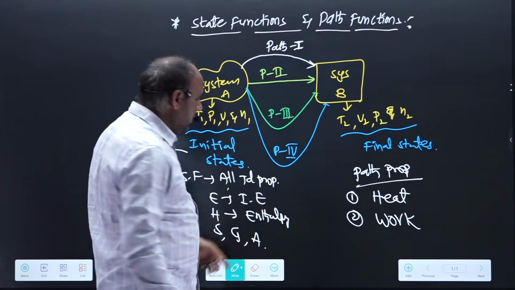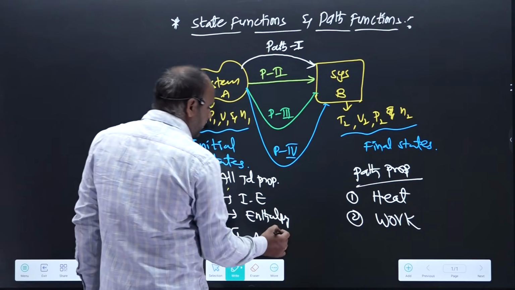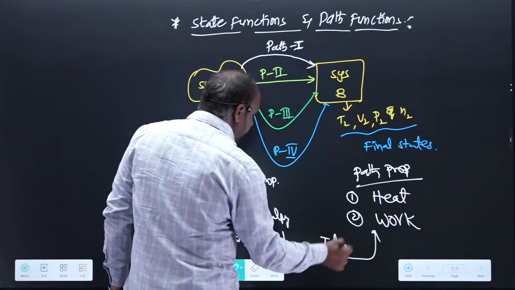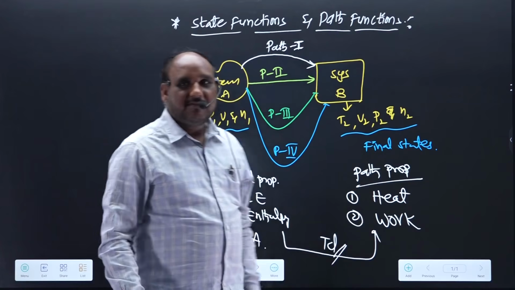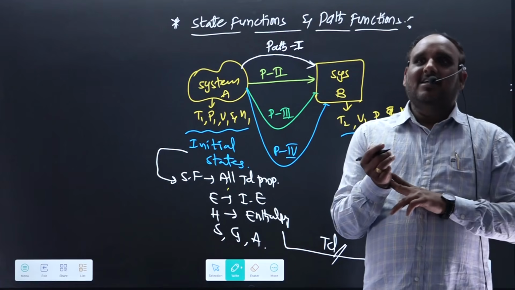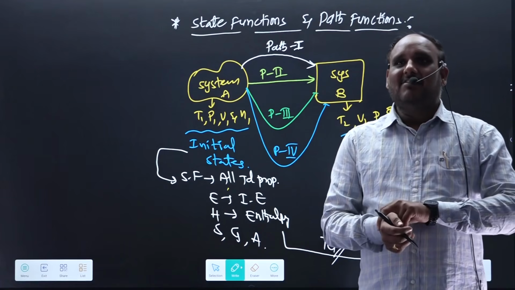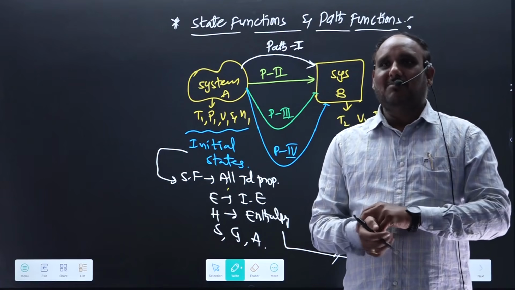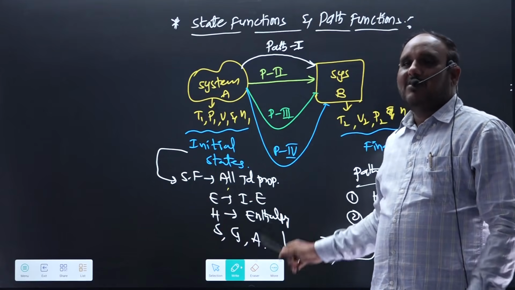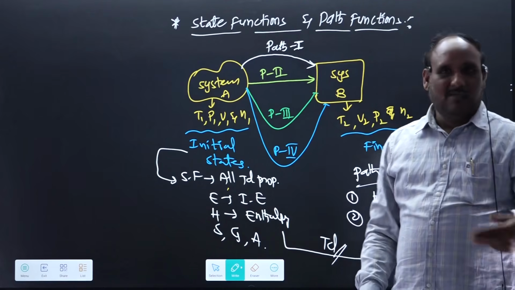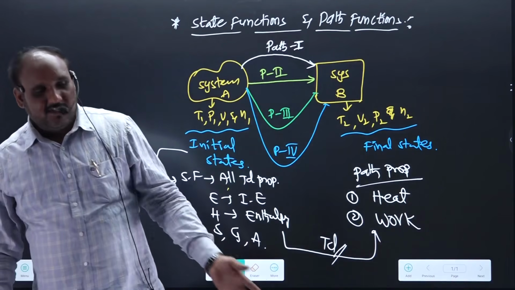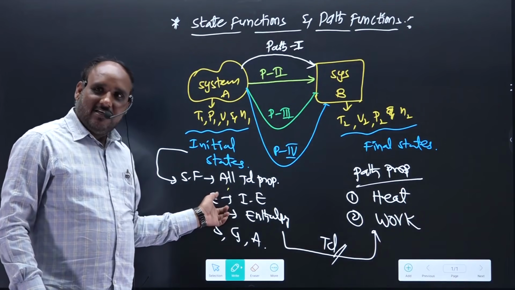Pathways. The relation between state functions and path functions is called thermodynamics. So what is our main topic? Thermodynamics, where we give the relationship between state functions and path functions. If heat is transferred, how much work will be done? And when some work is done, what is the change of internal energy?